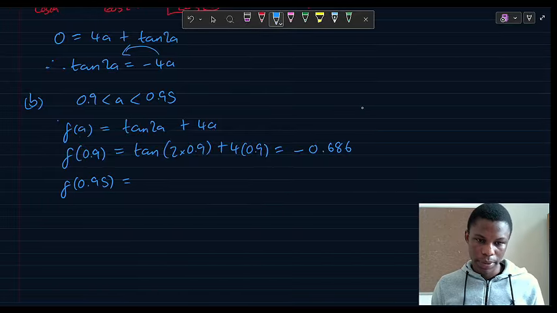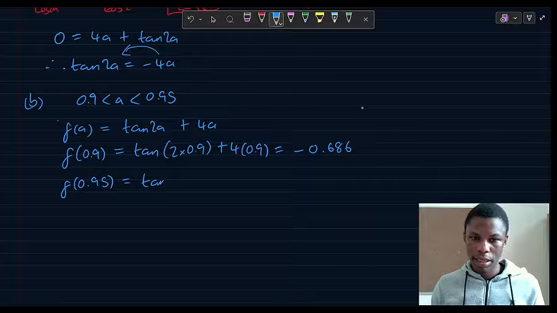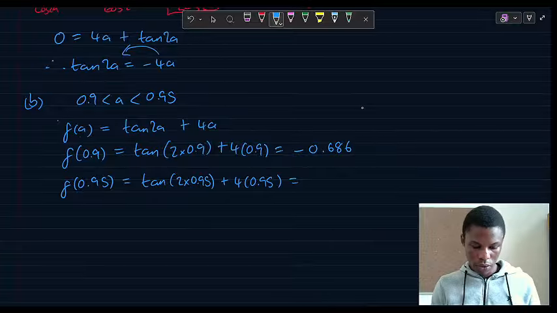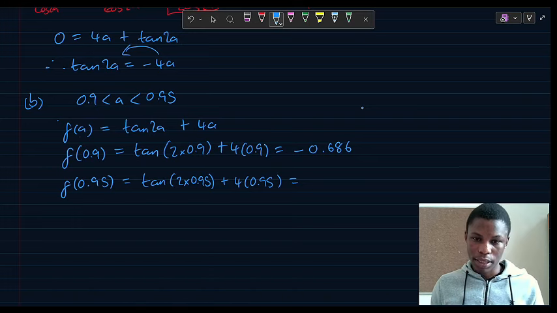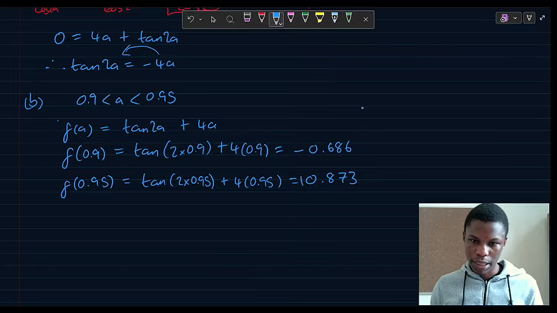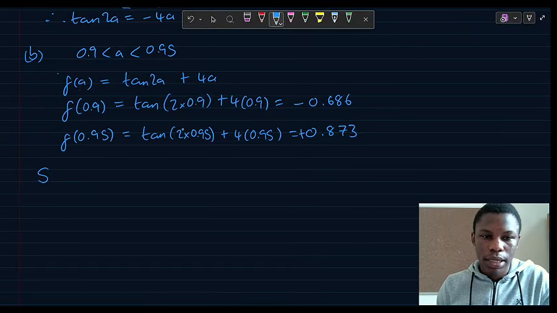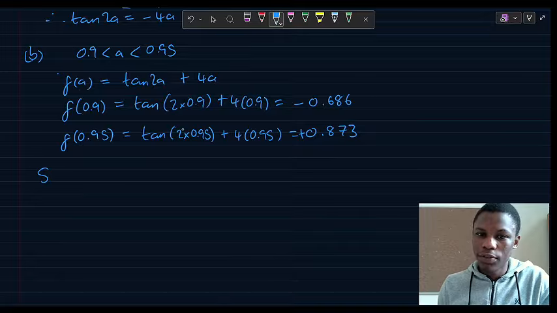So this is going to be tan 2 times 0.95 plus 4 times 0.95. That gives us 0.873, or more importantly, it's positive. And so we can conclude that clearly there's a change in sign from negative to positive.